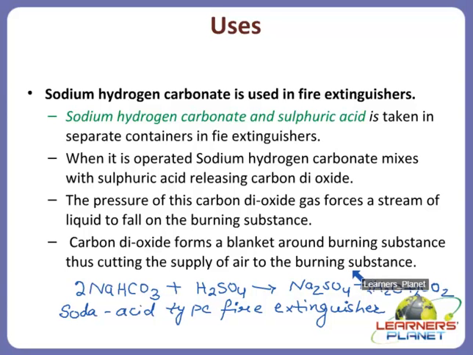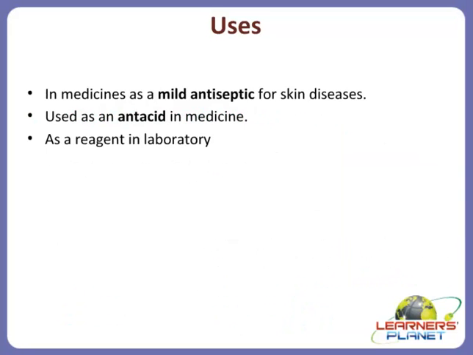Once that blanket has been formed, no more air is provided to the burning substance, right? So when there is no oxygen, what will happen? The fire will stop. So this is used in fire extinguishers, right children?